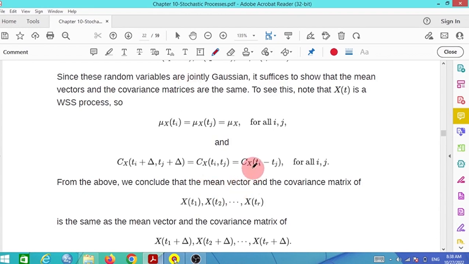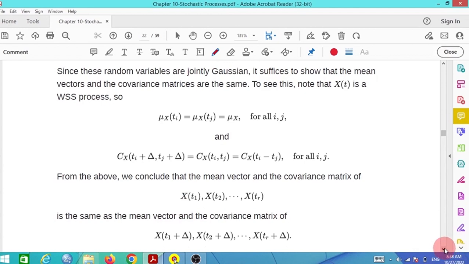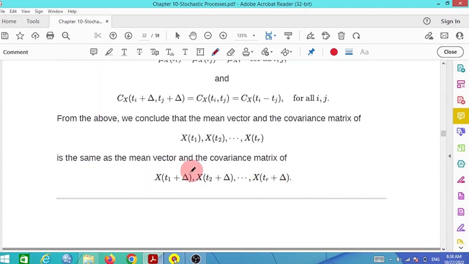It is denoted by this notation. From the above, we conclude that the mean vector and the covariance matrix of this are the same as this.